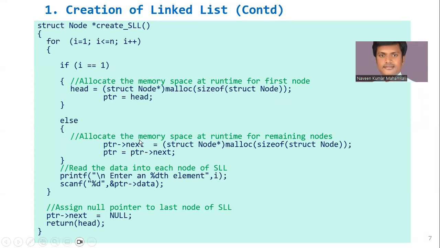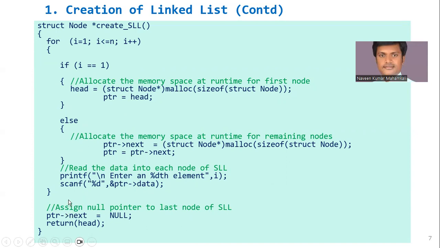We are linking the second node to the first node. This procedure is executed for n nodes. Similarly, I read data for each node and store it in the data field. After this loop is executed, n nodes will be created and the corresponding data items entered.